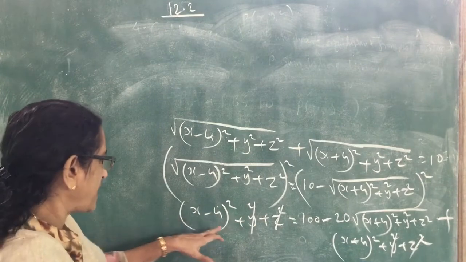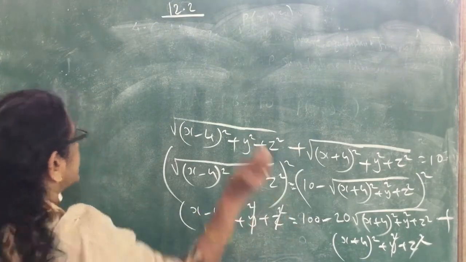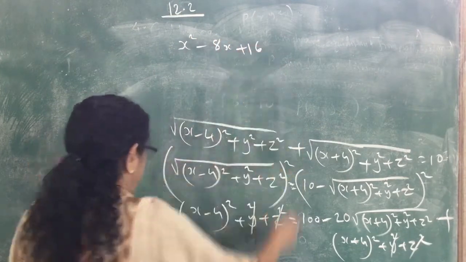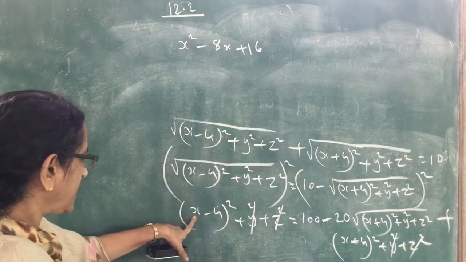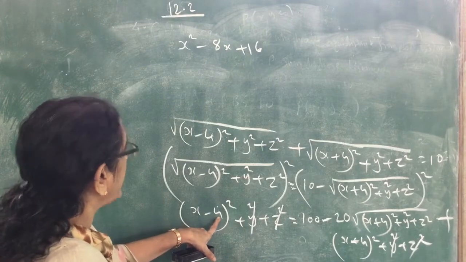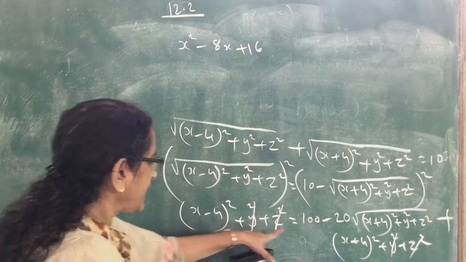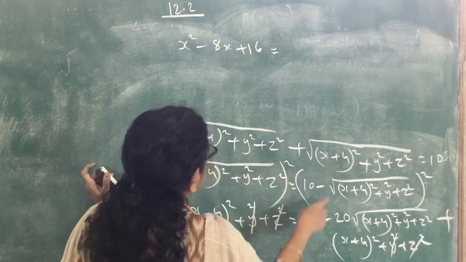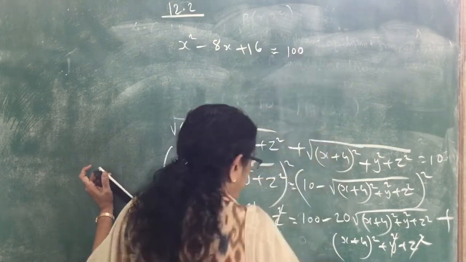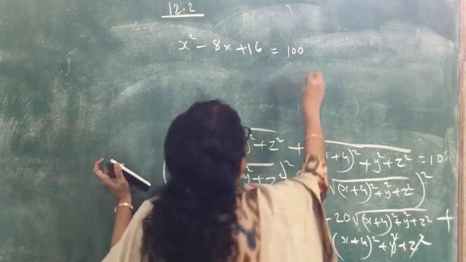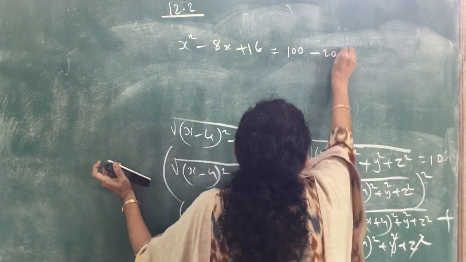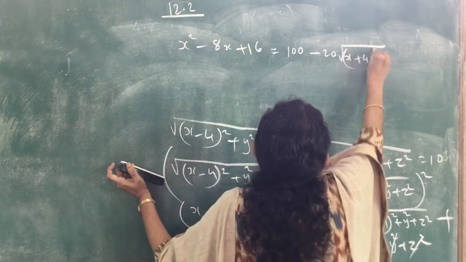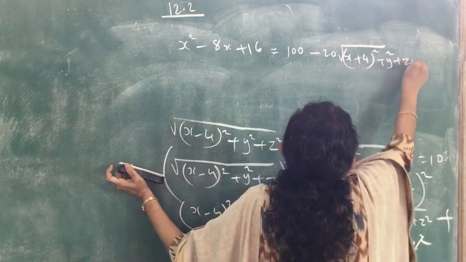Now we can expand (a minus b) whole square, that is a square minus 2ab plus b square. So (x minus 4) whole square equals the right side: 100 minus 20 into root of (x plus 4) whole square plus y square plus z square.